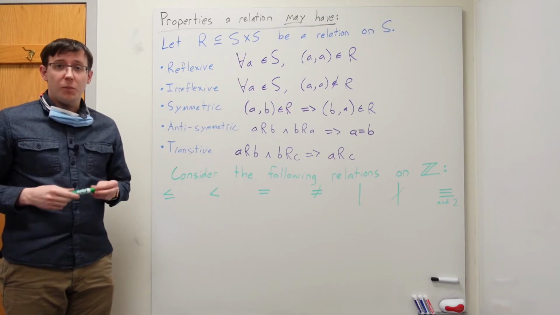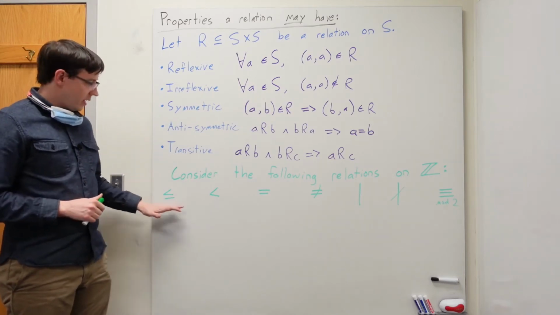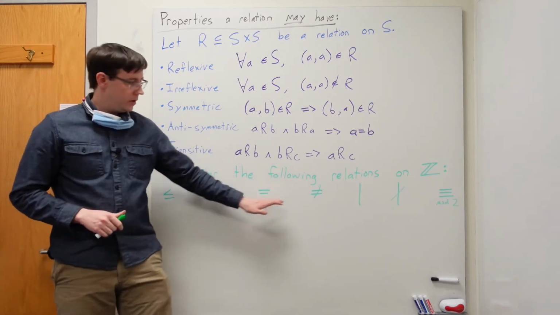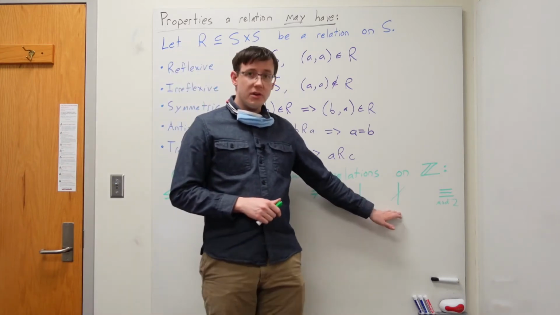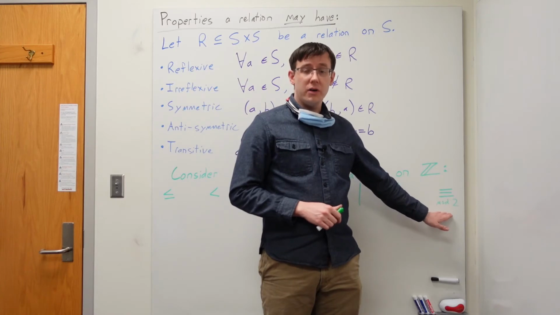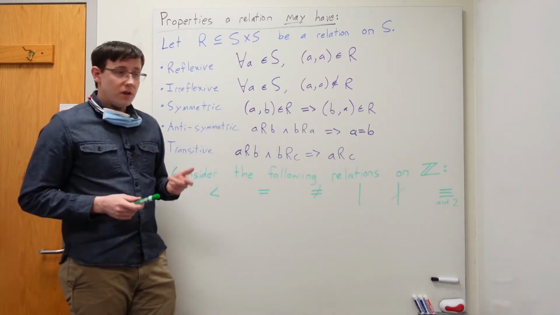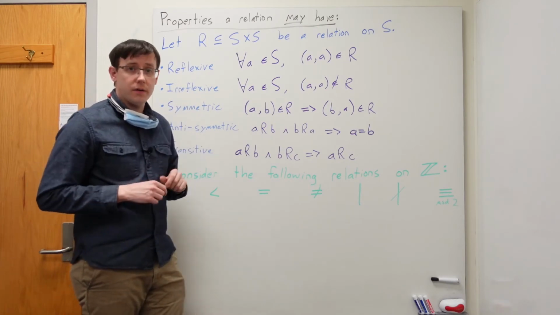Take a moment to pause the video and think about, for each of the relations less than or equal to, less than, equal to, not equal to, divides, doesn't divide, and is congruent to mod 2, do those relations satisfy each of these 5 properties or not?